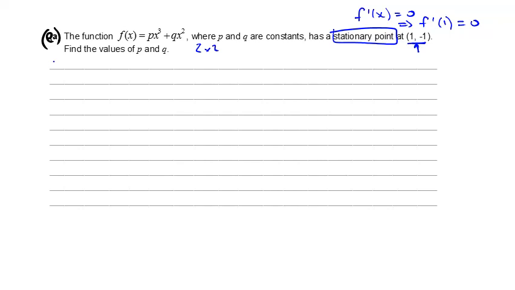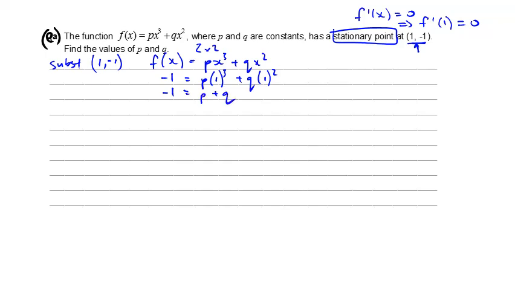So if we substitute in 1, negative 1, into f of x equals p x cubed plus q x squared, we're going to get negative 1 equals p lots of 1 cubed plus q lots of 1 squared. So we're going to get p plus q is equal to negative 1.